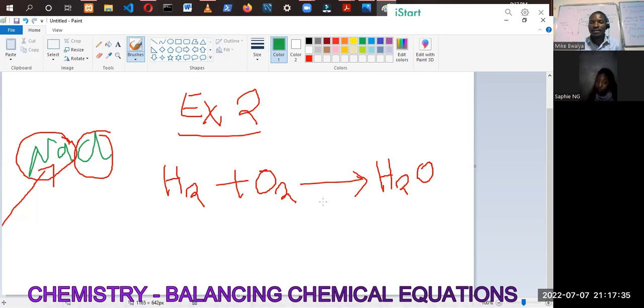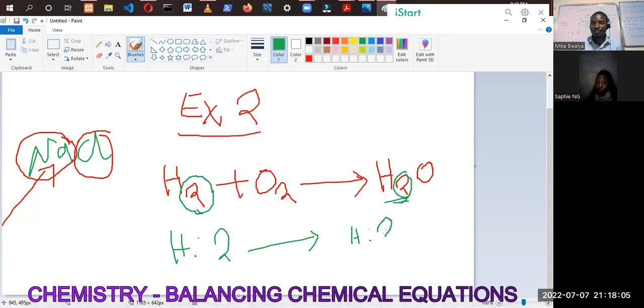So now when you look at hydrogen, it has 2, and then also hydrogen on the right side, it is 2. So the number of atoms in terms of hydrogen is that we have got 2, and then also there is a hydrogen 2. Okay, so hydrogen is already balanced.